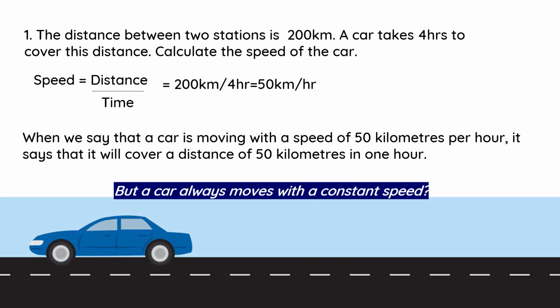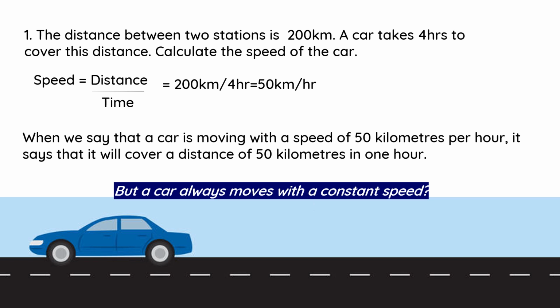And for vehicle speed you can see the odometer or speedometer in the vehicles. So 50 kilometer per hour means in 1 hour that vehicle covers 50 kilometers. That is the meaning of 50 kilometers per hour.